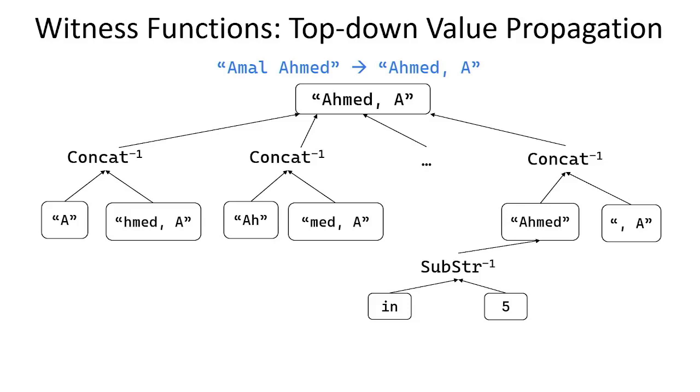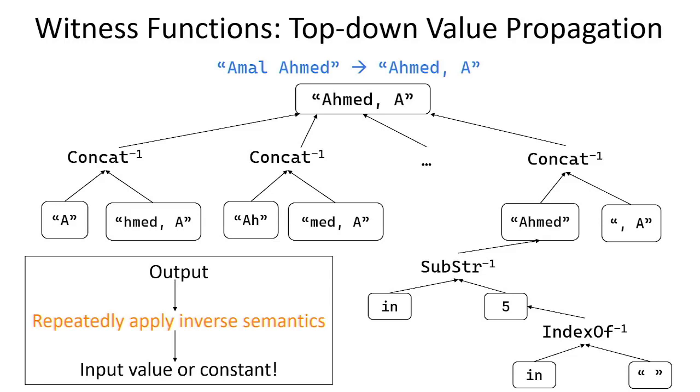And you have this big tree and you can keep exploring, and here I say, I can get this by taking the substring of the input from the 5th position. You explore this tree, and at some point, you'll end up with either all inputs or constants. So you take the output, you repeatedly apply these inverse semantics functions, traditionally called witness functions, until you get a subtree that only has input values or constants.